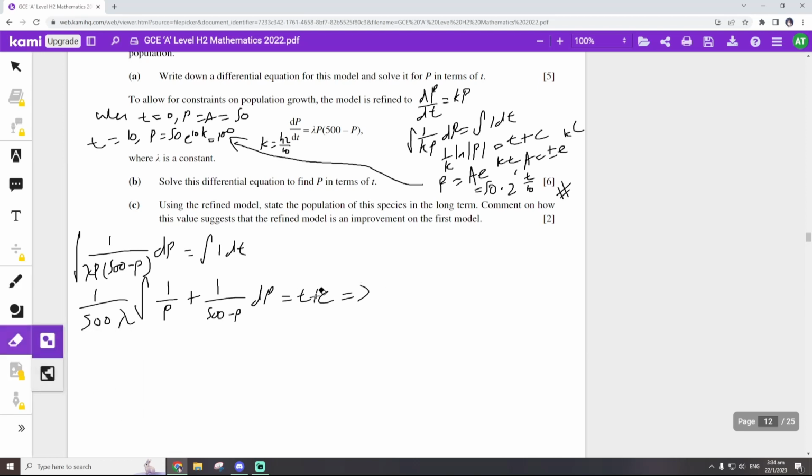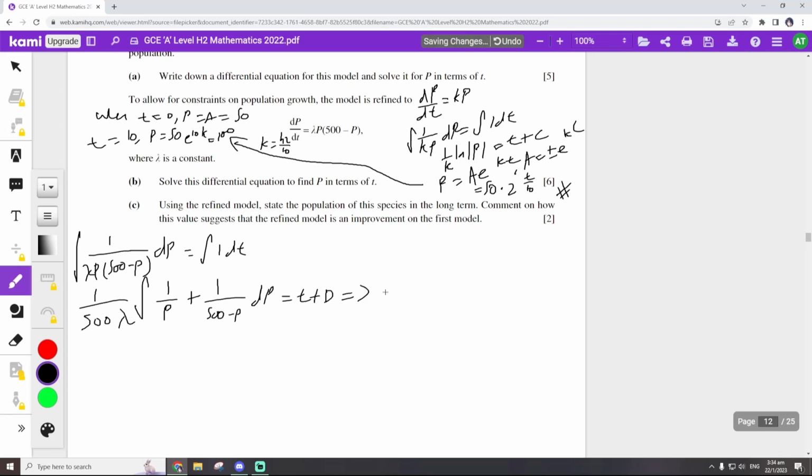I should not use c, I should use d, because I used c earlier. This gives me ln mod p divided by p minus 500 is 500 lambda t plus e. E is 500 lambda d.